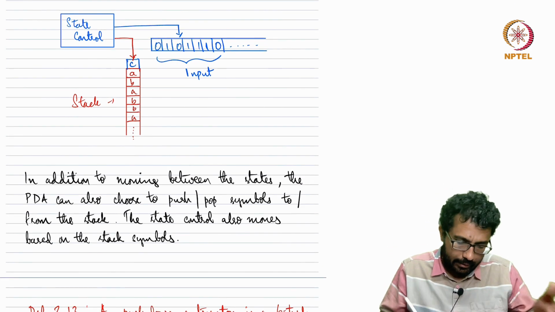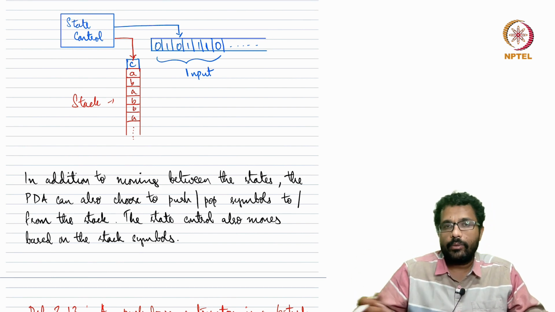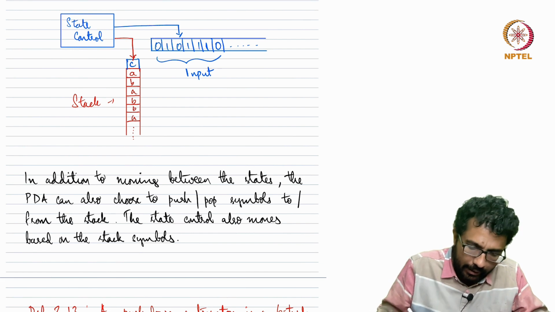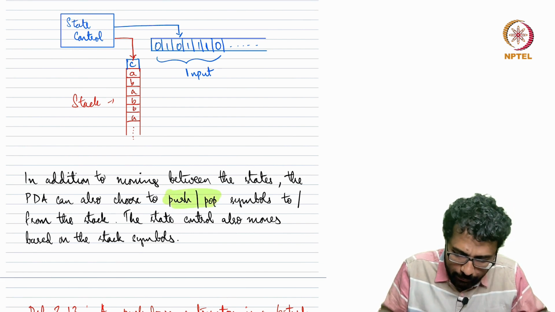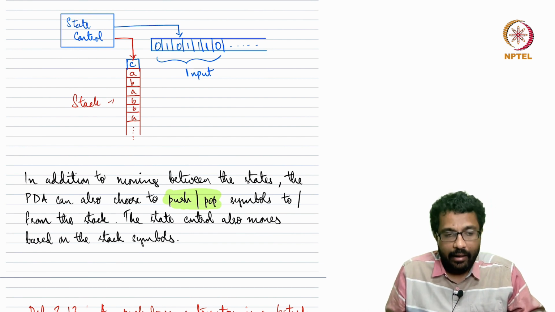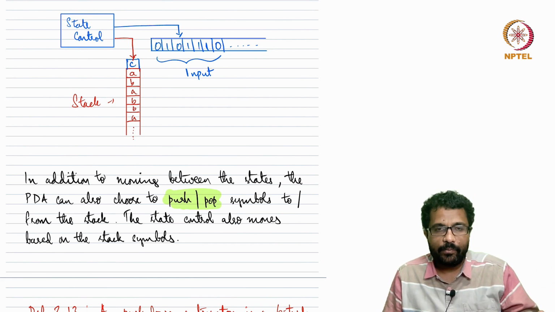right. So that's what I have written here. In addition to moving between the states, so an NFA moves between the states, and in the case of a push down automata, it can also push and pop symbols to the stack or from the stack, right. And in the case of NFA, we just saw the next symbol and then made the transitions.